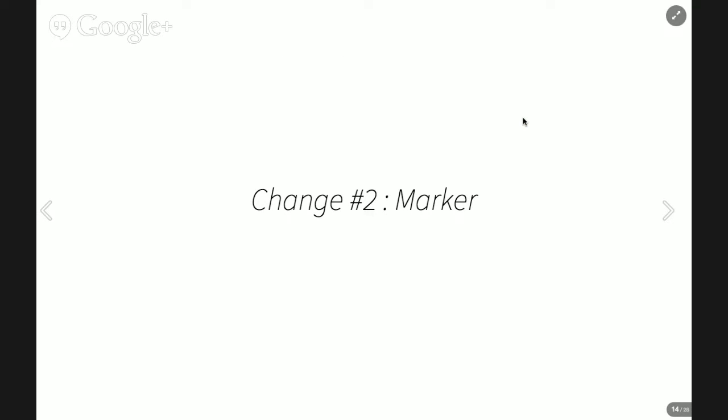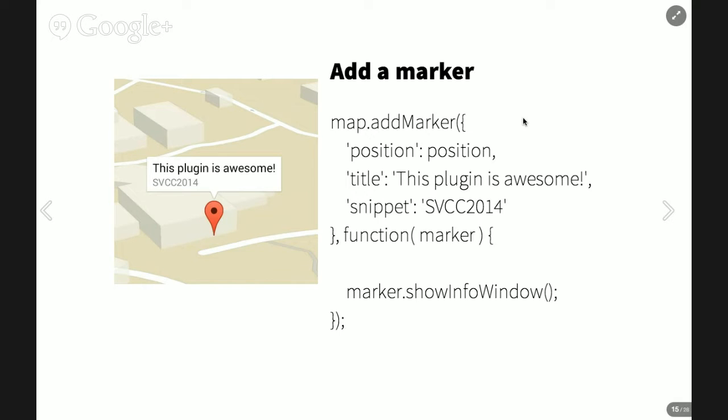Change number 2 is the marker. This is basic code for adding a marker. Just pass a position, which means a latitude, longitude pair, and a title and snippet. That's all.